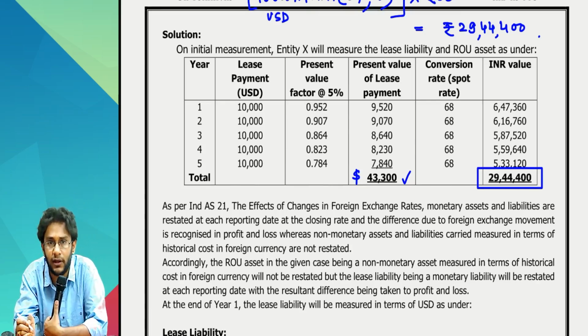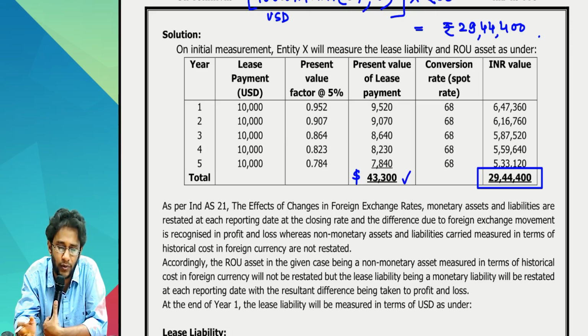Now coming to end of the year accounting. For the ROU asset, simply provide depreciation, there is nothing great, and that too, the ROU asset is a non-monetary item, so there is no further restatement for that. But the lease liability is to be measured under the amortized cost method.